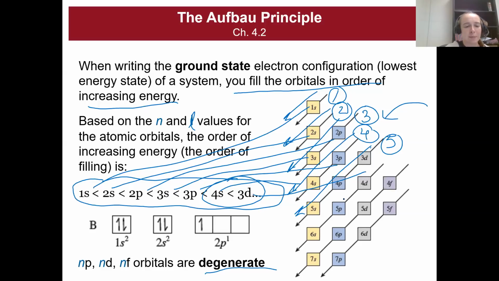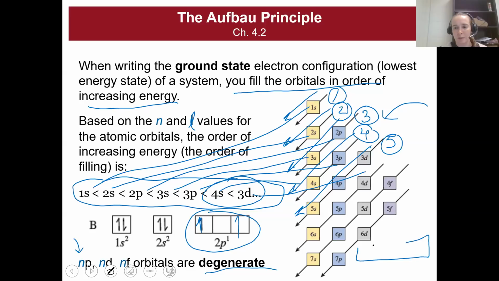So when they have the same n value, like 2p, then all three of the 2p orbitals are degenerate in energy. Traditionally, we write the first electron in those orbitals as the electron in the first box, but it doesn't matter because they're all the same energy. We could have easily written it over here. It's just tradition.